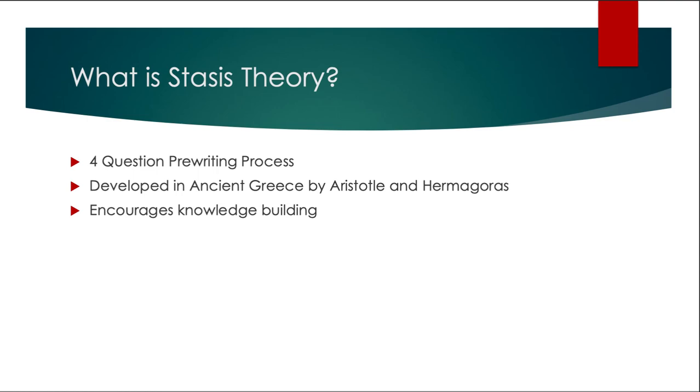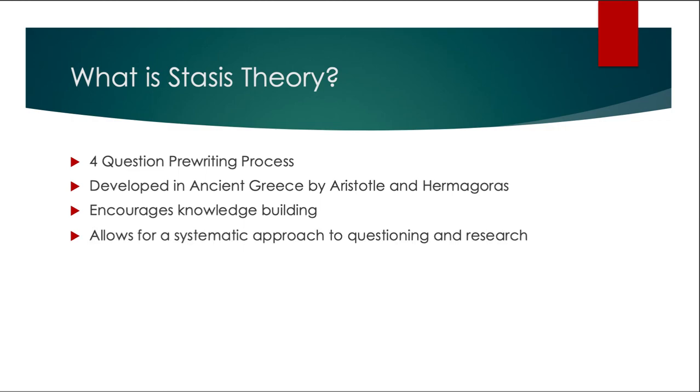The thing about stasis theory is it encourages knowledge building, and it also allows for a systematic approach to questioning and research. So if you've ever had to do a research project and you just don't know where to begin, stasis theory helps give you a starting point and a really concise structure for asking questions and finding answers.